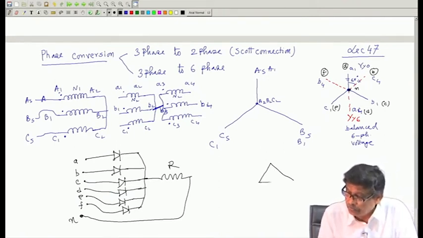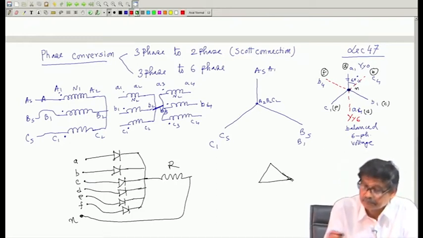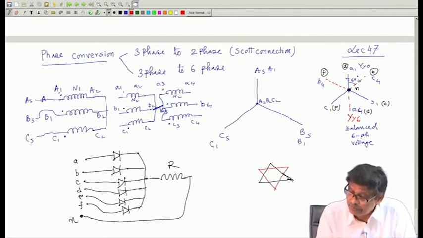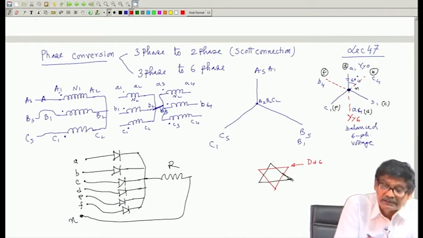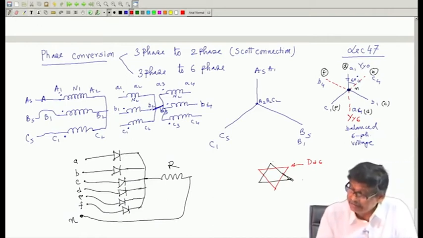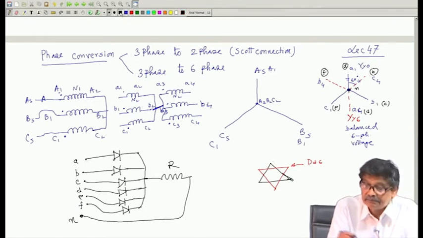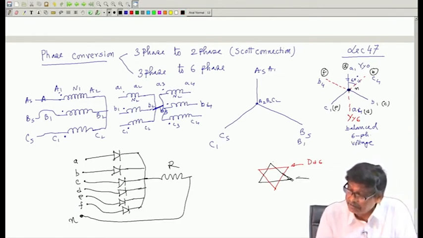So, the output phasors will be like this then. Suppose this is DD6, you work out that on your own, and this black one is DD0.